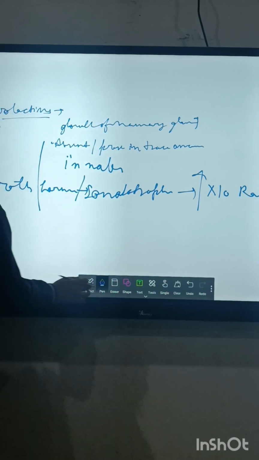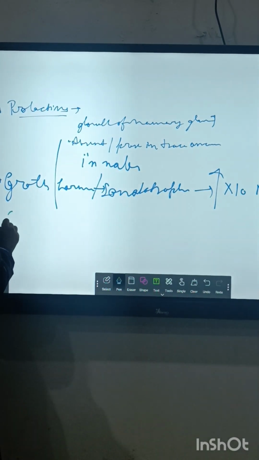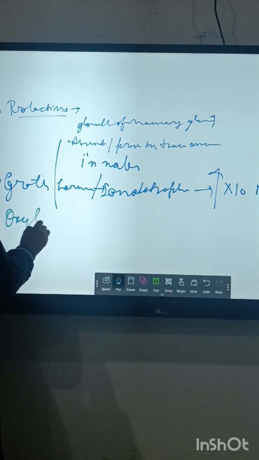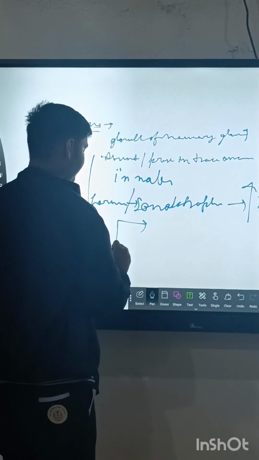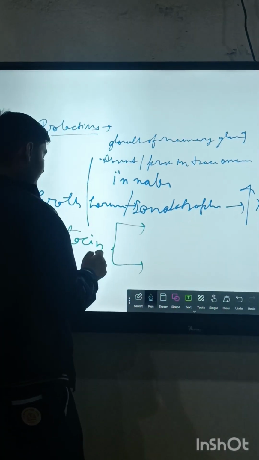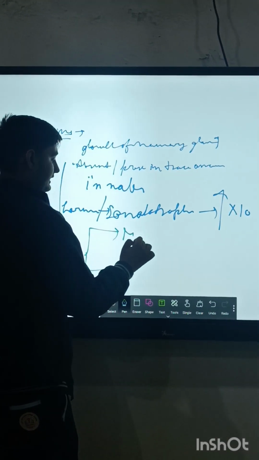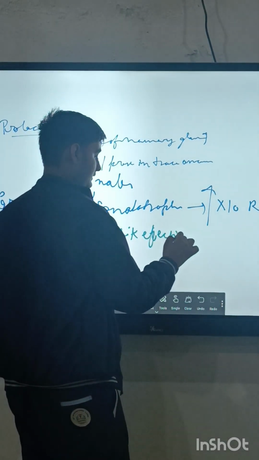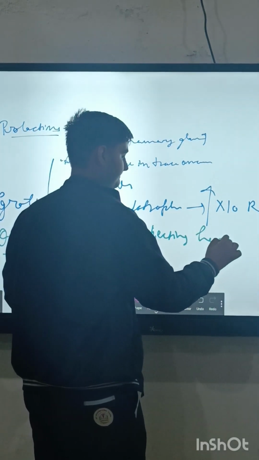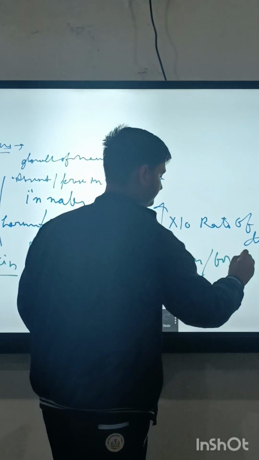Third hormone is oxytocin. Oxytocin plays different roles in males and females. In females, oxytocin acts as the milk ejecting hormone, and is also known as the birth hormone.